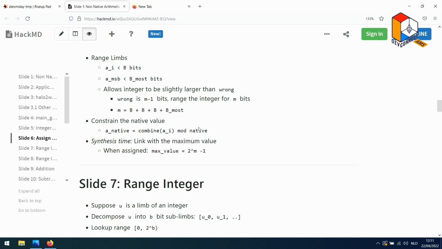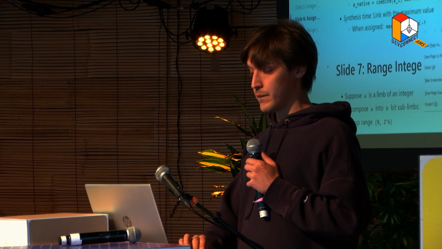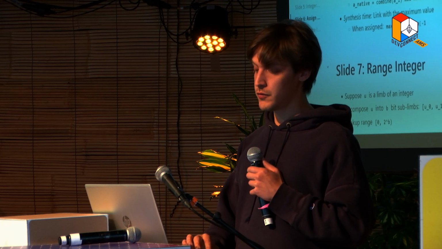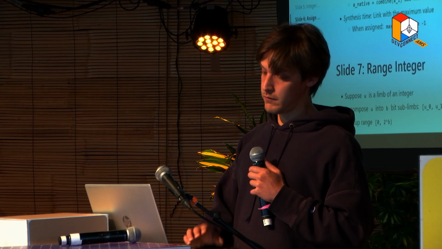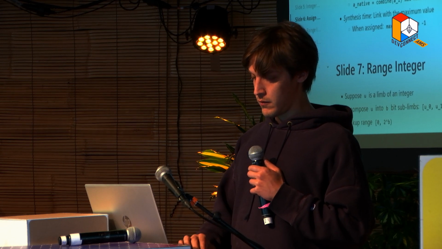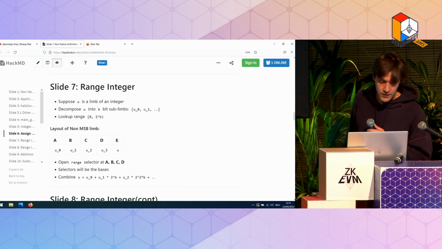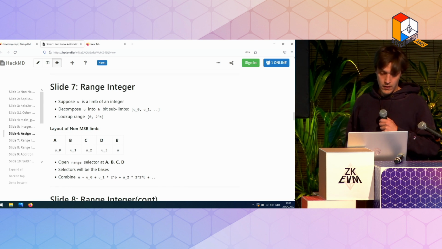For example, say we have 11 as the native field modulus, then this value should be 16 minus 1. Right? 16 is the next power of 2 of this modulus.